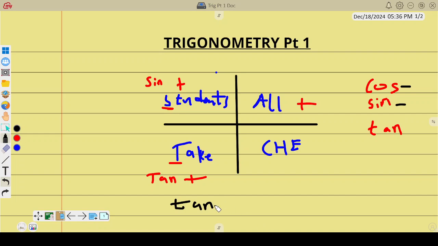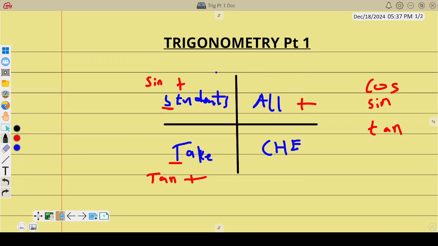So that's pretty much on the third quadrant. We're just on the surface. We don't have to take a lot of time here. So in the next lesson, we'll come back to this. We'll refer to it more than in this one. So in here, all are positive. In here, only sine.